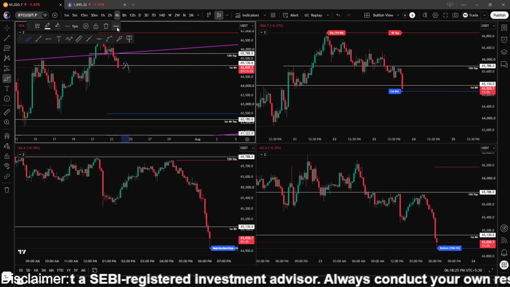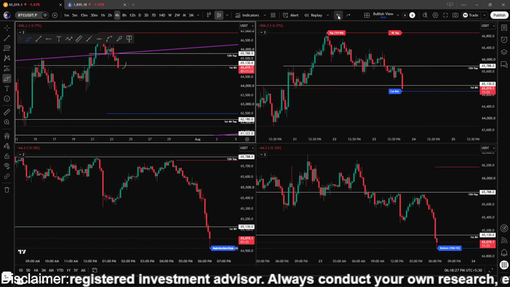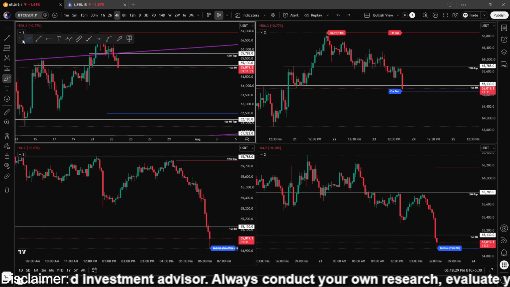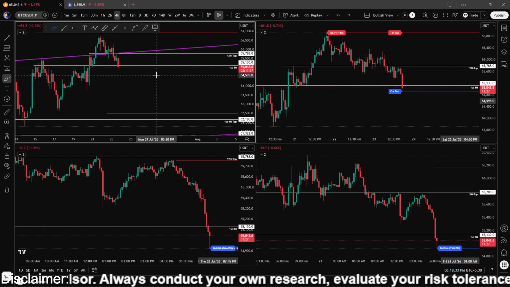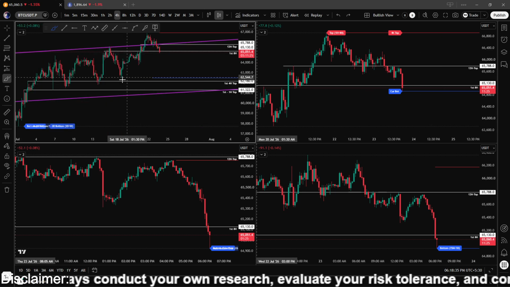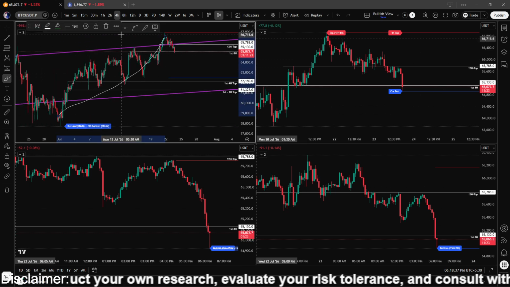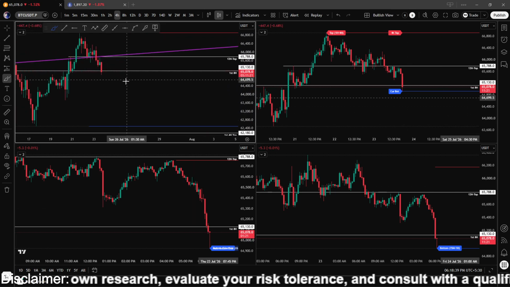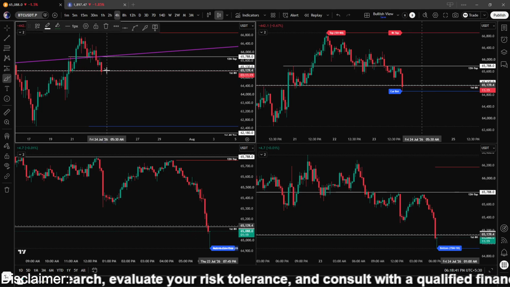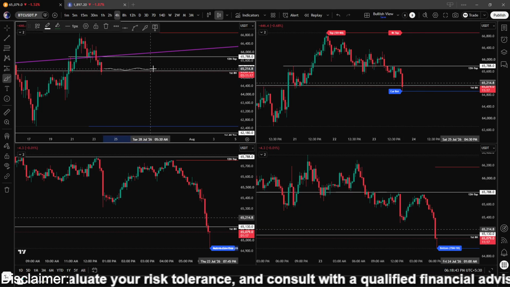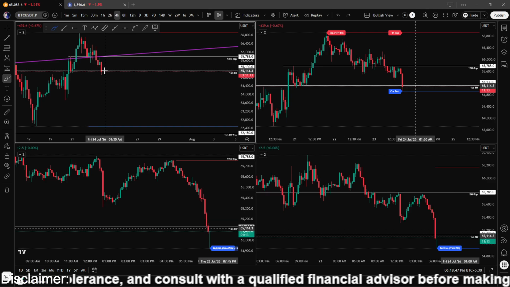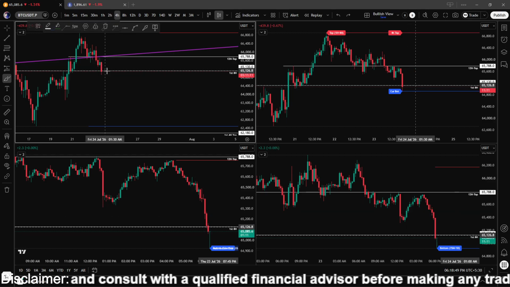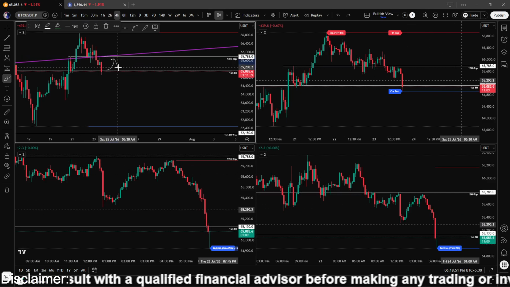Since the 4 hour candle is not yet finished, I'm going to take the probability of some sort of a move for the upside. Most likely price will close above this level, then try to get enough support here, and then it will reattempt to break this level.